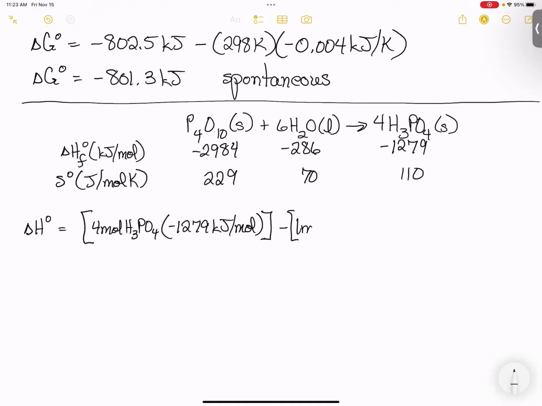We have 1 mole of P4O10 times negative 2984 kilojoules per mole. Plus, we have 6 waters times negative 286 kilojoules per mole.